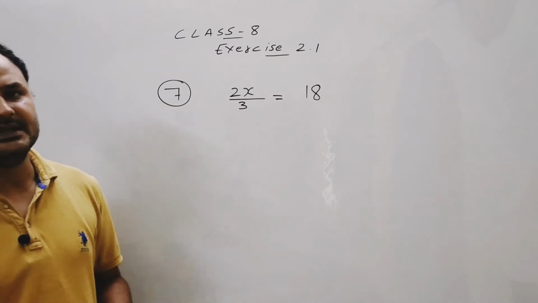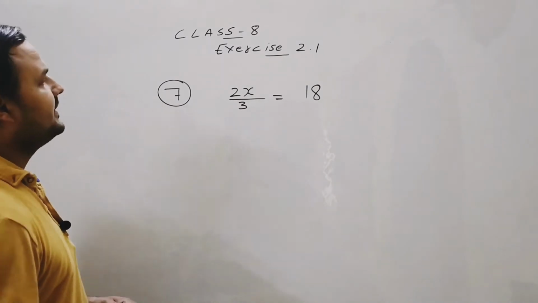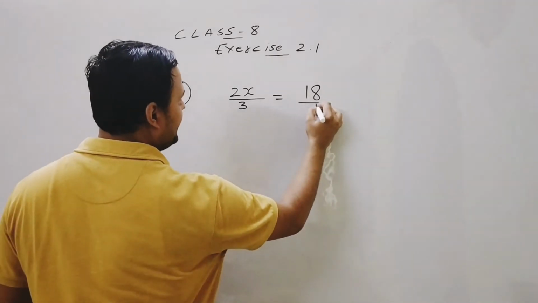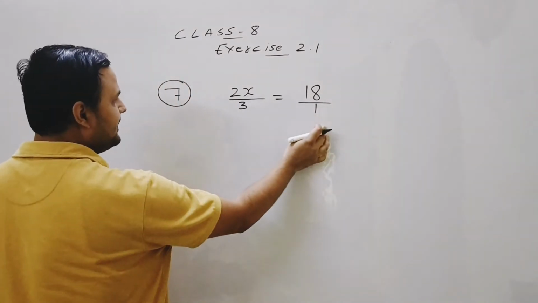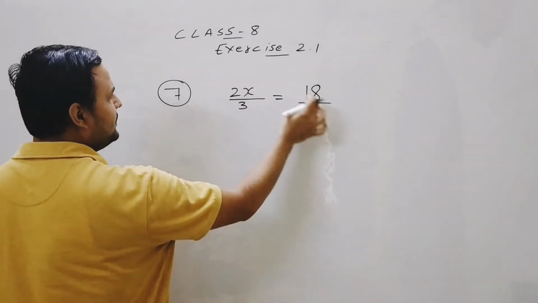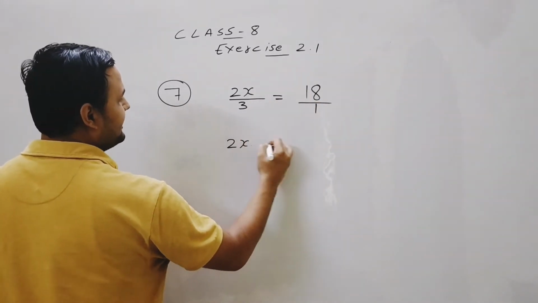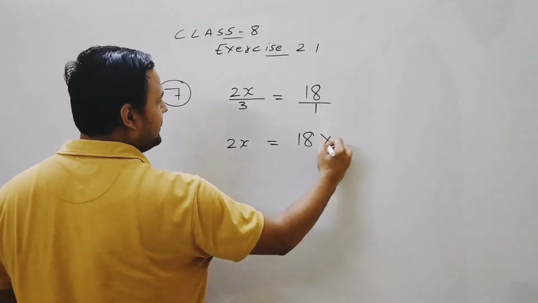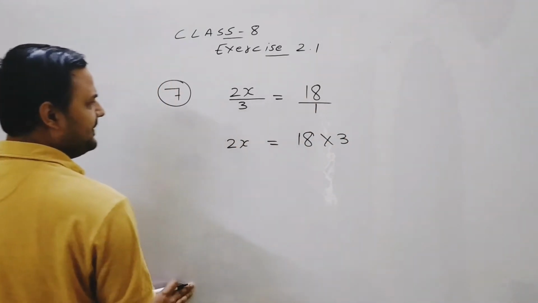Question number 7. 2x by 3 equal 18. So again 18 means 18 by 1. Now I am going to do cross multiplication again. 2x into 1, so I can write 2x, and I will write 18 into 3. No need to simplify. Why?